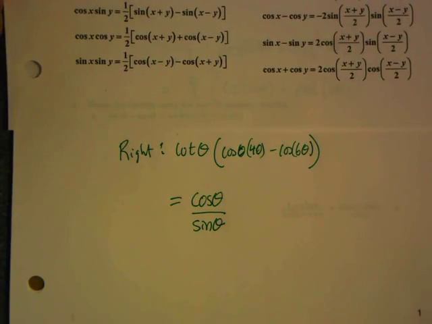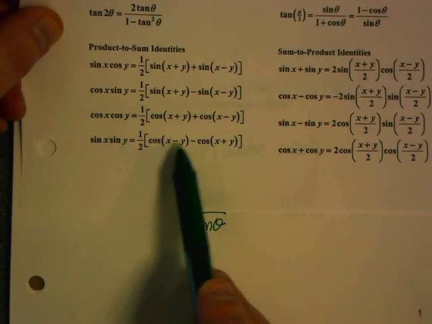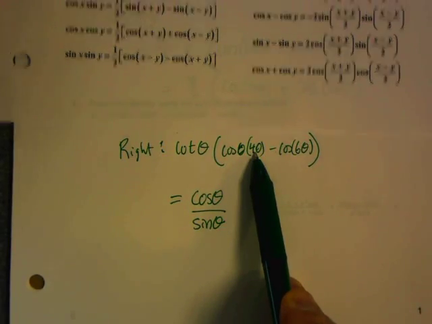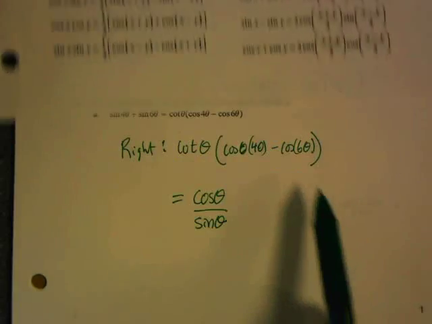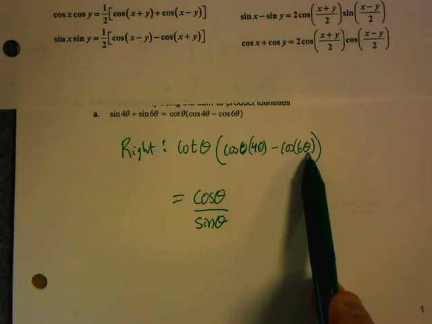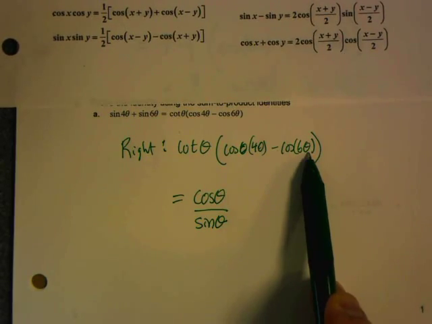I think you could, if you could figure out what x and y would have to be, so that x minus y would give you the 4 theta, and x plus y would give you the 6 theta. So you could use that one, I suppose.